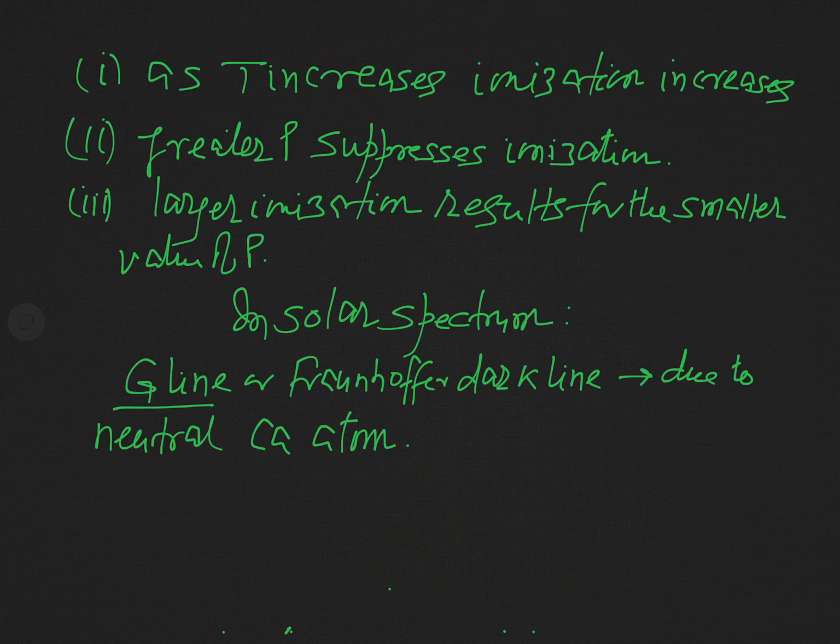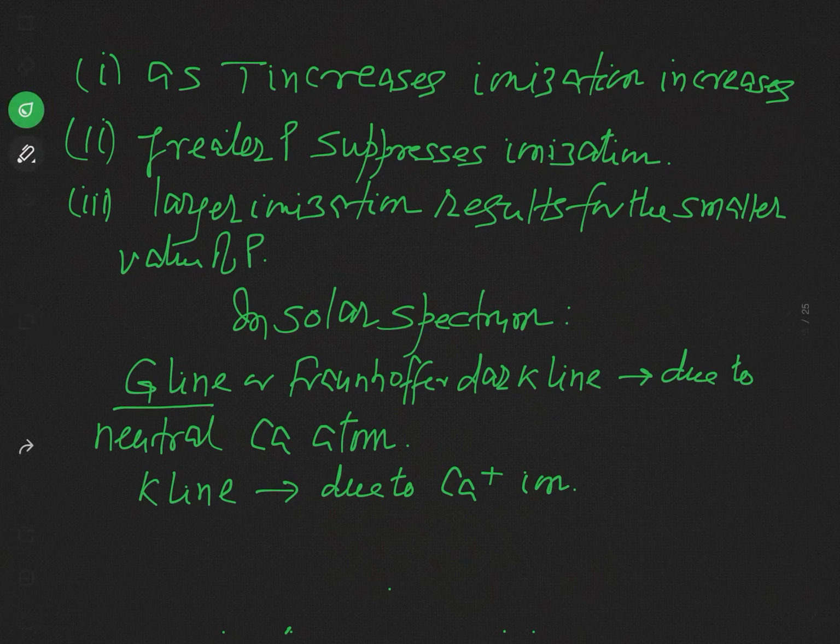And the another line is K line. This K line is due to Ca plus ion. Actually, intensities of these G lines and K lines depend on the fraction of atoms and the ions present in the star, including the sun, and the intensity ratio we can measure.